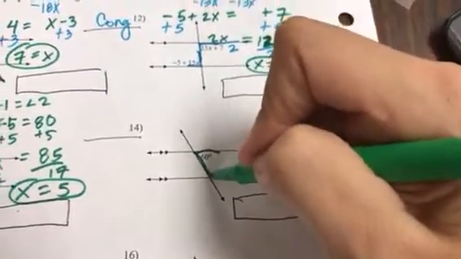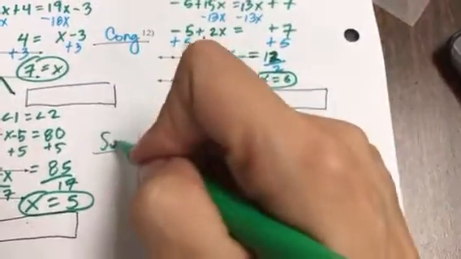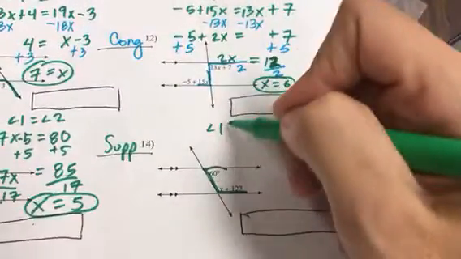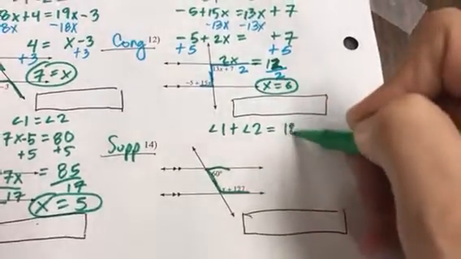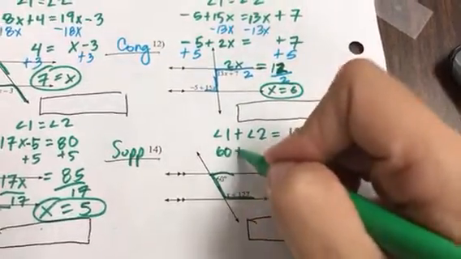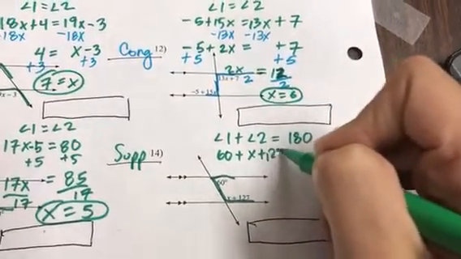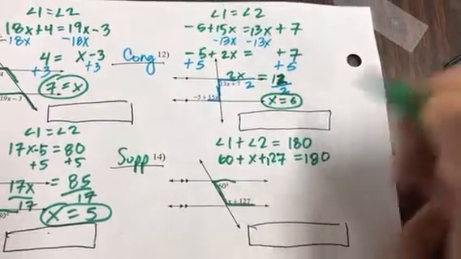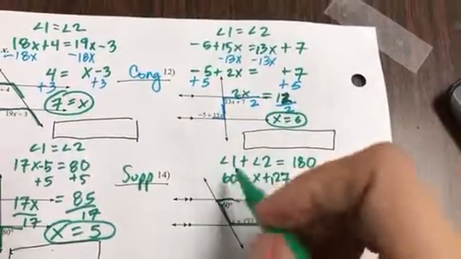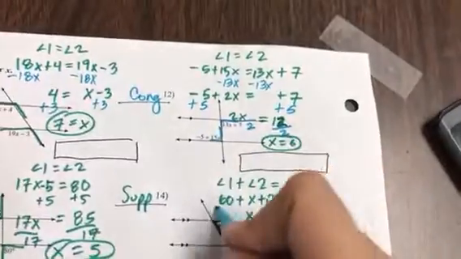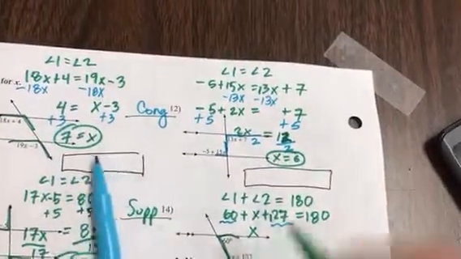60's less. Ooh, that one's more. Supplementary. Definitely they're different. So when two angles add up to 180, 60 and x plus 127. So I'm going to combine these two terms, 60 and 127.